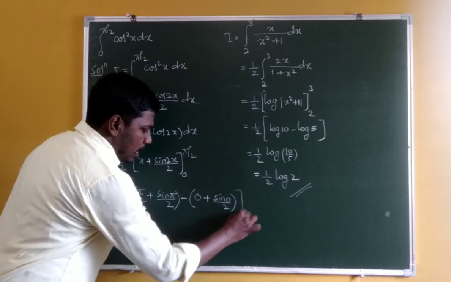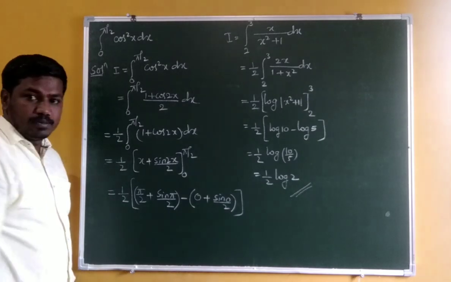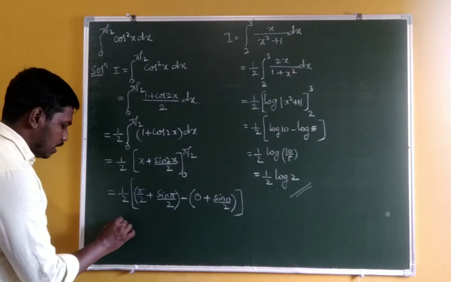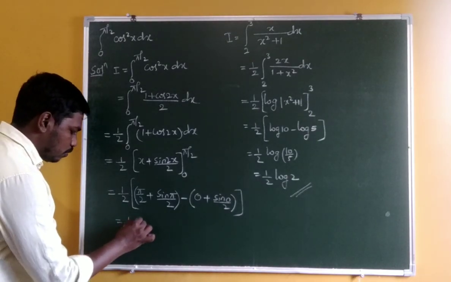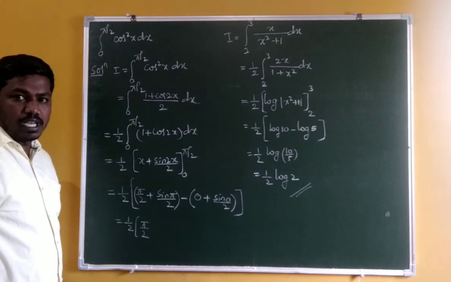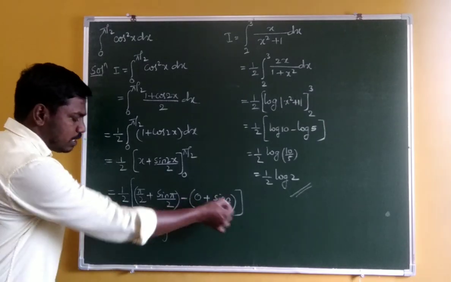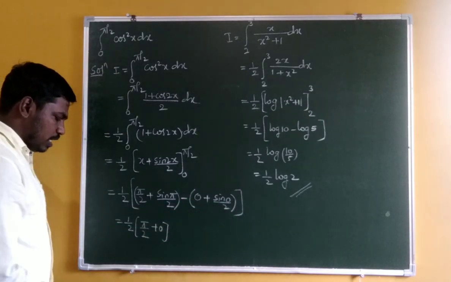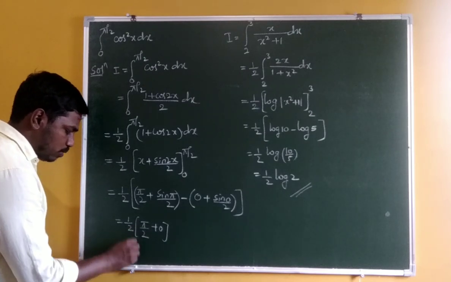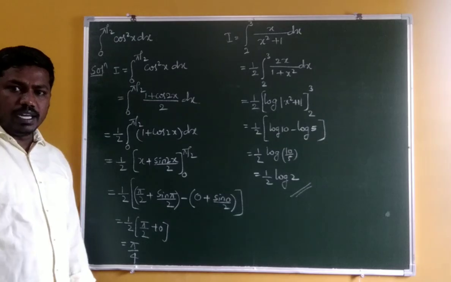This part totally becomes 0. So 1 by 2 into pi by 2, since sin pi is 0, minus 0 is 0. Pi by 2 into 1 by 2 is pi by 4. So pi by 4 is the required answer.